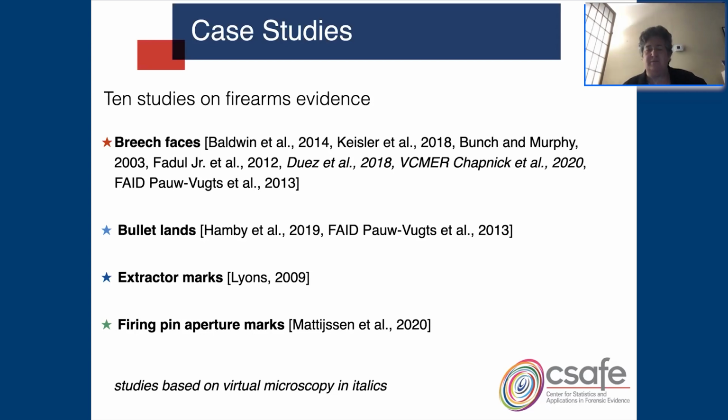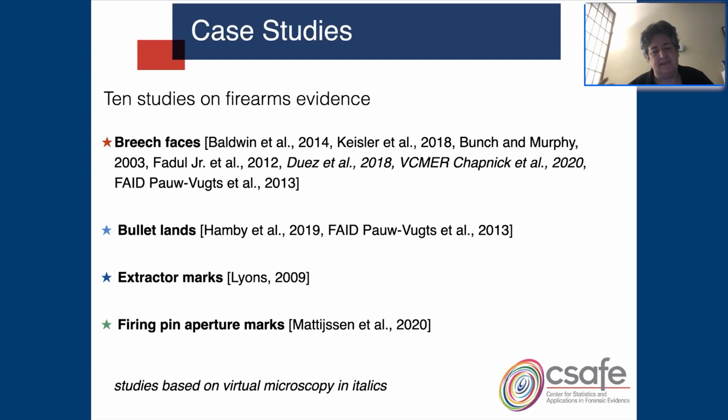That's the Army Lab study that came out of the Midwest Forensic Research Center. Then we've got Keisler, Bunch and Murphy, Fadul, Dues, Chapnick et al. That's also called the VCMER study, Virtual Comparison Microscopy Error Rate Study. And then the FIGHT study from 2009 that was then published in 2013. So all of those are regarding cartridge case identifications.